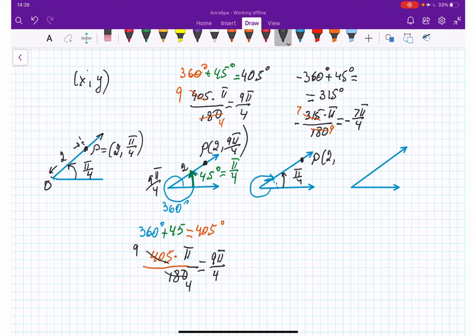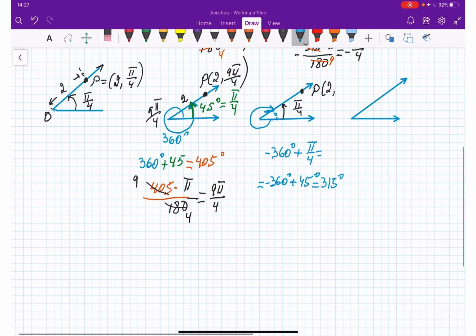So it's going to be negative 360 degrees plus pi over 4, because pi over 4 goes counterclockwise and 360 goes clockwise. That is negative 360 degrees plus 45 degrees, and we get negative 315 degrees.